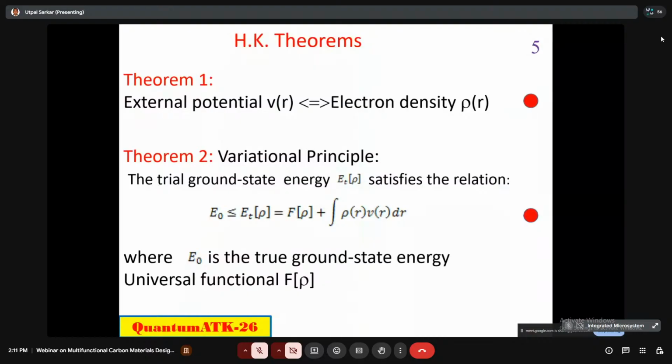Suppose you are starting with some trial density which is not the true electron density of the ground state of the system, then whatever energy you get is higher than that of the ground state. You will get the ground state energy if and only if you start with the true electron density of the ground state, then only you will get the ground state energy.